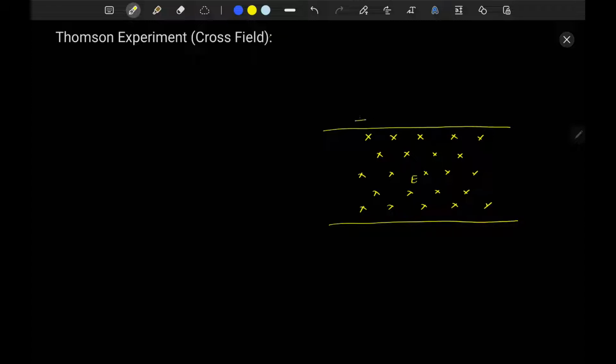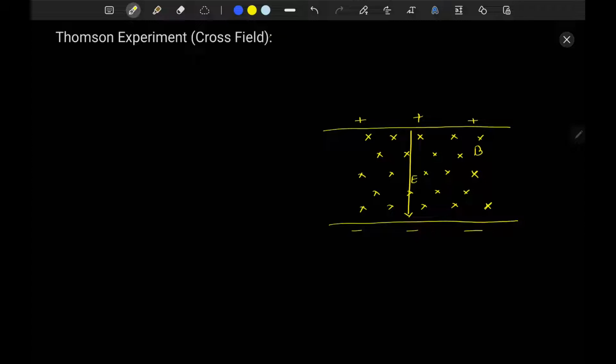If the upper plate is positive, the lower plate is negative, then the direction of electric field is from positive plate to negative plate, and the cross sign denotes the direction of magnetic field B perpendicular to this screen.